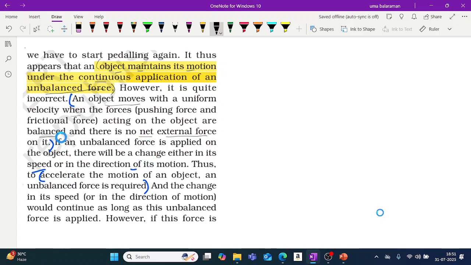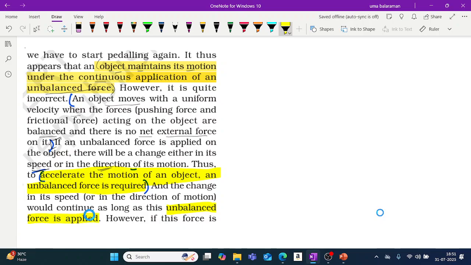So, if an unbalanced force is applied, there will be a change in speed or direction. To accelerate, unbalanced force is required. Only if you want to accelerate or decelerate, unbalanced force is required. And the speeding and slowing will happen as long as there is unbalanced force.